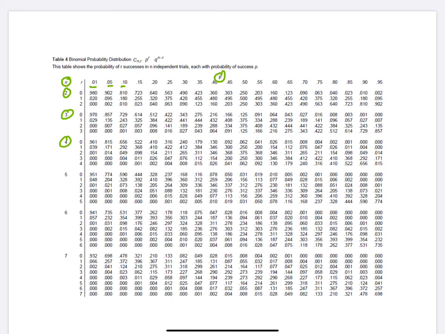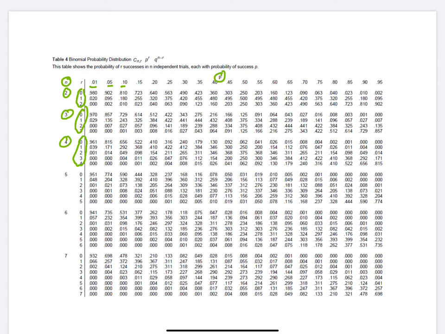Within each n, we have values ranging from 0 all the way through n. These are the possible values of the binomial random variable. Let's use this table and confirm our calculation from earlier.